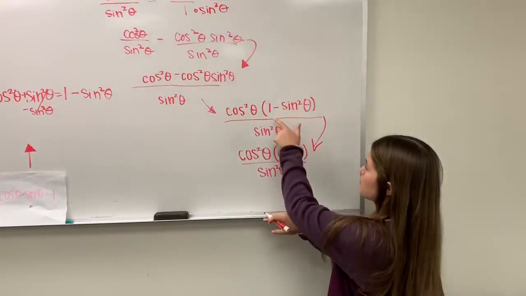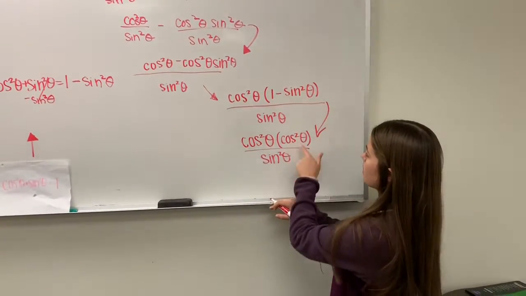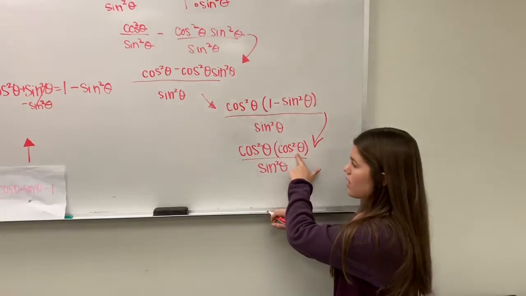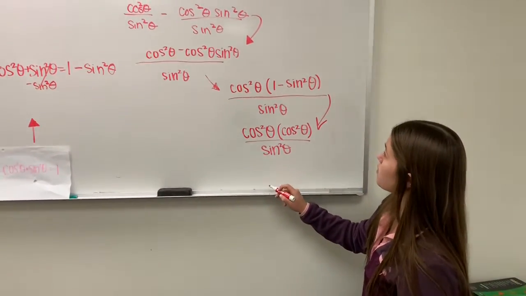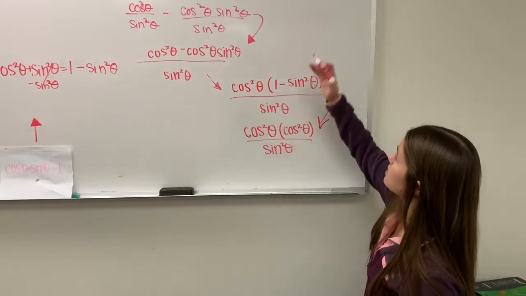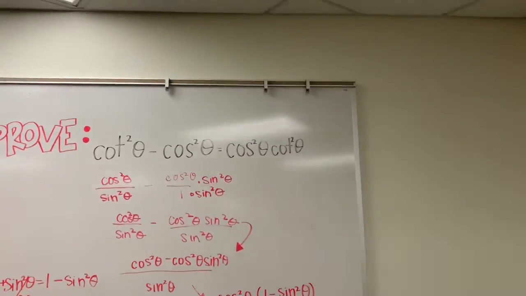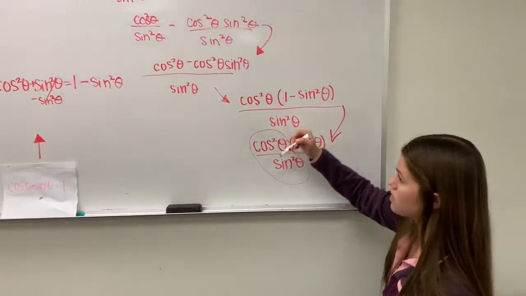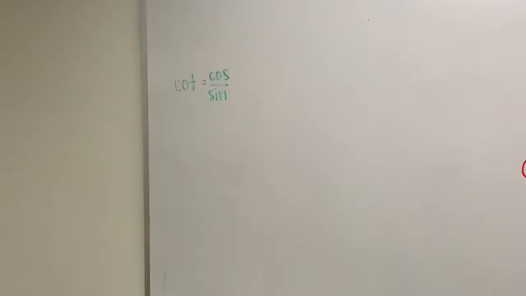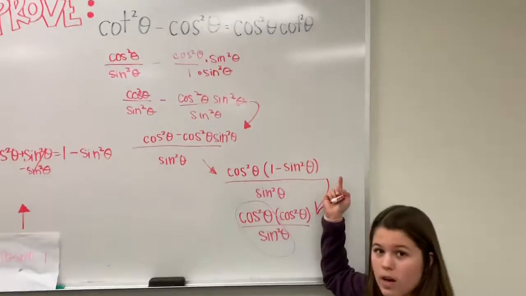Okay, so now, since we recognize 1 minus sine squared of theta is the same thing as cosine squared of theta, we can finish our problem. So when looking at this, we have to get this to look something like that. And we can recognize that cosine squared of theta over sine squared of theta, just like we talked about in the beginning, is going to be equal to cotangent squared of theta.